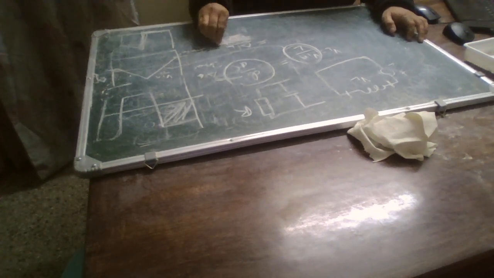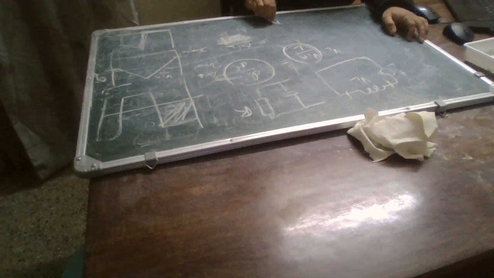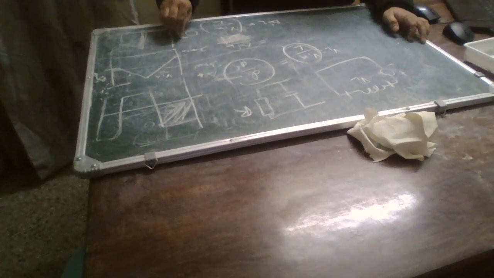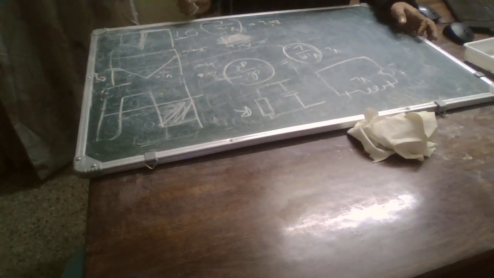So delta T would be replaced by dT, or we can say delta IL is equal to V input by L into dT. This is for the t on period, or when the switch is on.